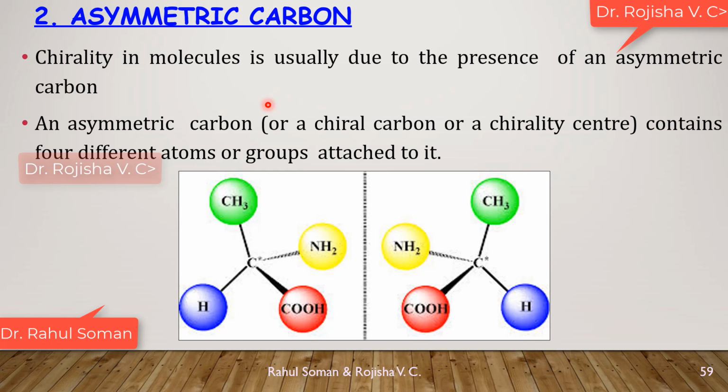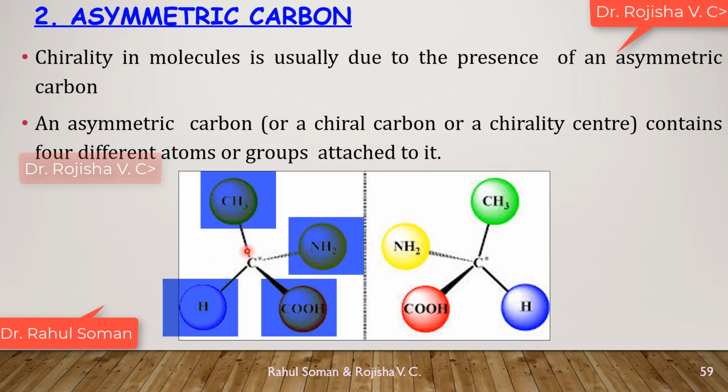So this is alanine, no? Right, this is an alanine molecule. All the atoms attached to the central carbon are different, so this carbon is said to be an asymmetric carbon.